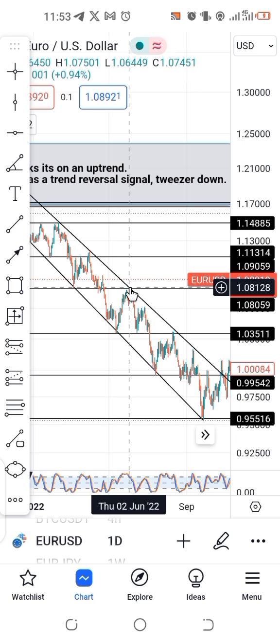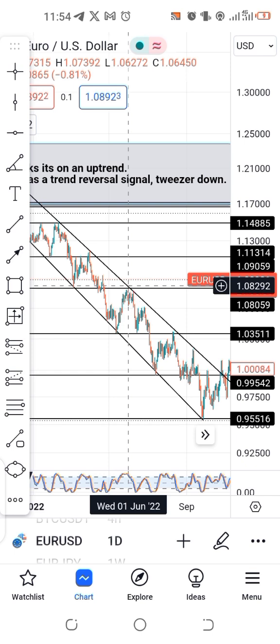In this case, when it comes close to your line and it doesn't touch the line, it doesn't mean price did not get to your resistance or your support. We have zones. A zone is an area around which price would retrace. So it is not all the time that it will get to your resistance and support lines, but when you draw the zones, price will get into the zone and then react.